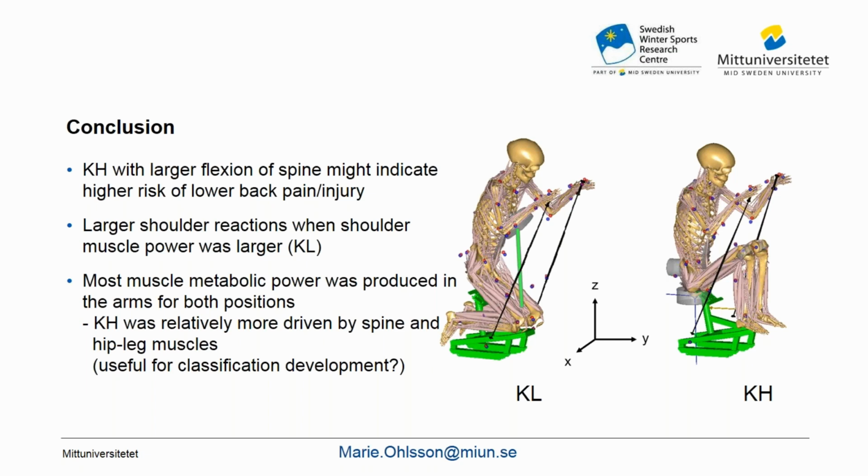And this might be useful for classification because musculoskeletal simulation can estimate where in the body muscle work is performed and thereby increase understanding of how different impairments impact sports performance. Therefore, I think the method of musculoskeletal simulation has the potential to contribute information for development of classification systems in parasport. They won't solve the problem, but they might give some information at least.